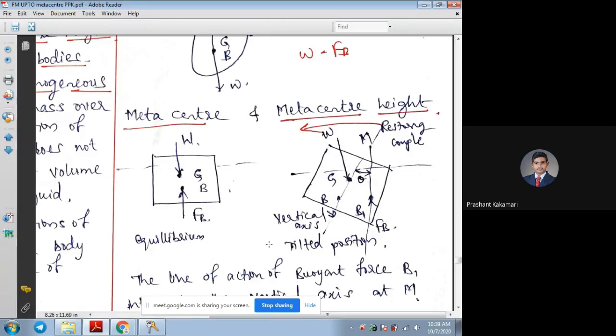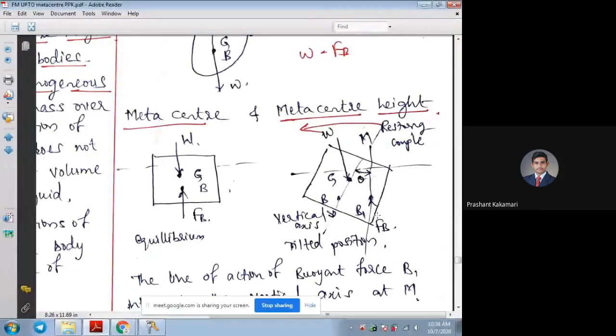Then for finding the metacentric point, we apply one couple here, or some moment about this axis, or about the point B. Once you apply any moment about the point B, it will start rotating. Once it rotates, you can observe the new axis here. The new axis is M to B dash. So it is moving from B to B dash once you apply any couple.